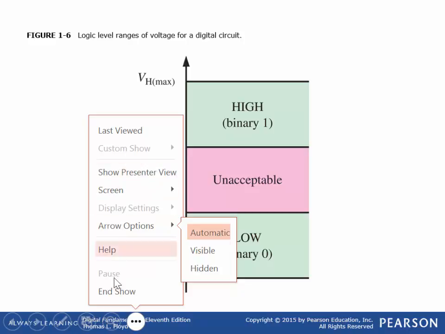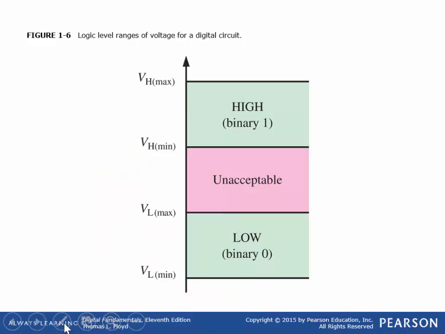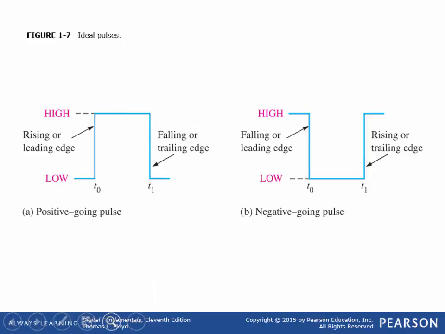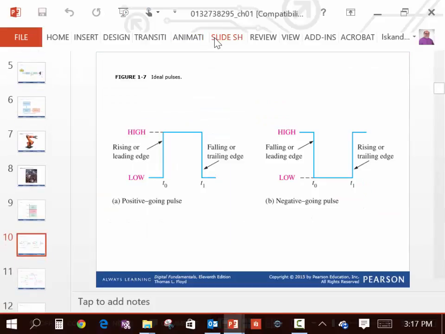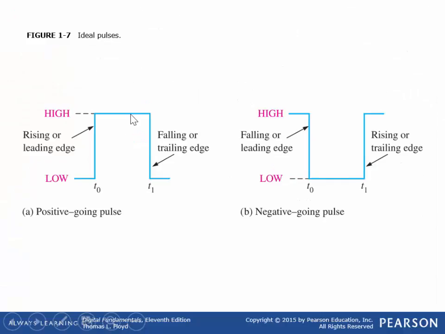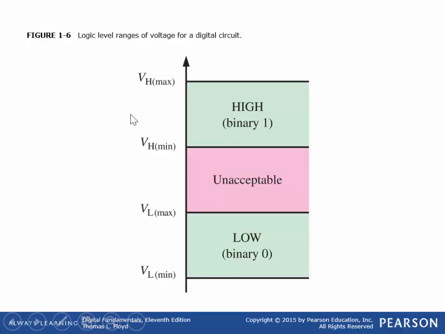Screen presenter view. I don't know why the pen is not being highlighted. Oh, I know why the pen's not being highlighted. Give me a second here. Because I can't save to the file because it's offline. All right, I guess I'm going to have to live without being able to write on the screen. I feel lost here.